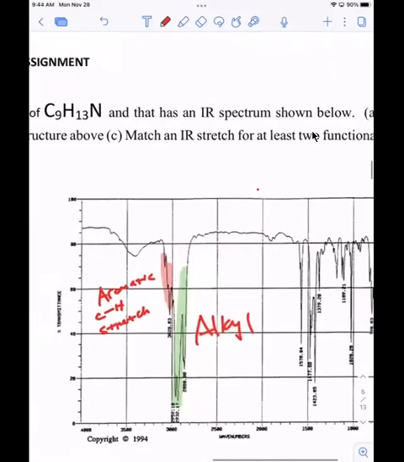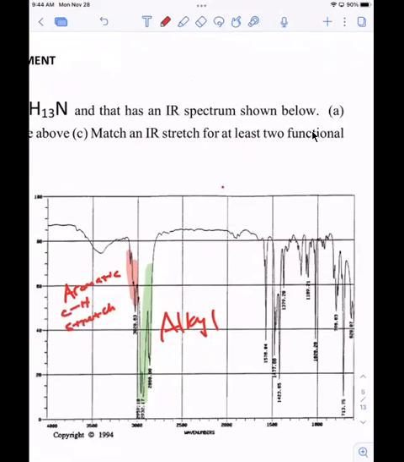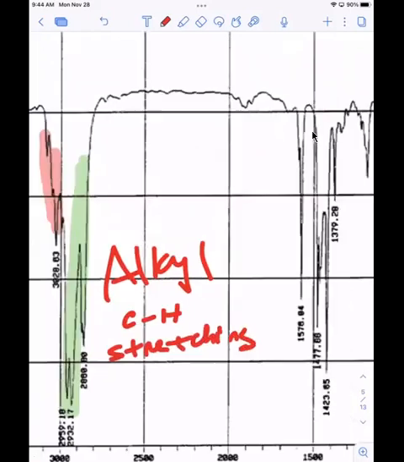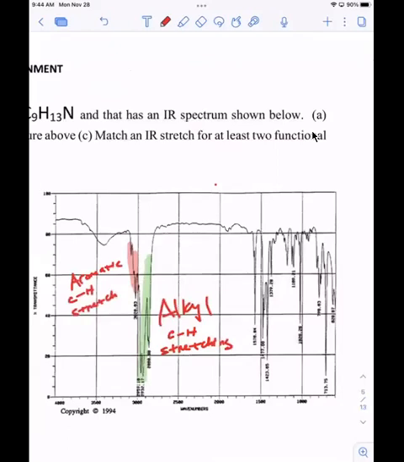Much weaker stretch, but it's buried under the alkyl stretch. So sometimes when those signals overlap, it's very difficult to determine what's what. But you can confirm that both functional groups are present. And this is also alkyl CH stretching.